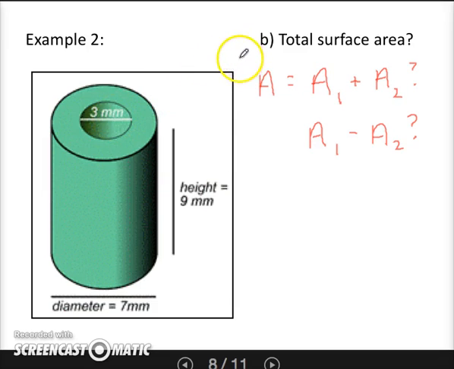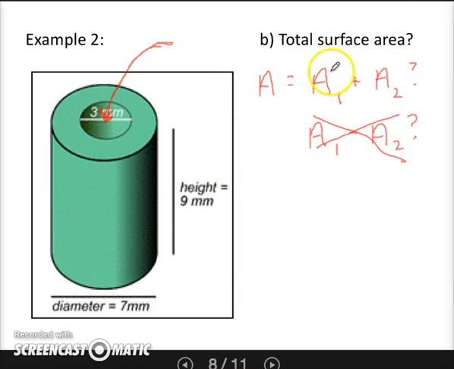Okay, in this case, we're going to be adding the areas because even though we have subtracted or taken out part of this solid, we can actually see more area now than we could before because we can look down into this hole and see more surface area than we could have if that wasn't drilled away.